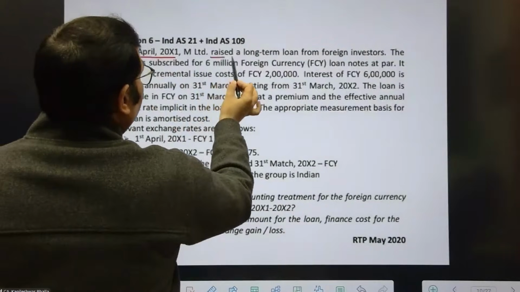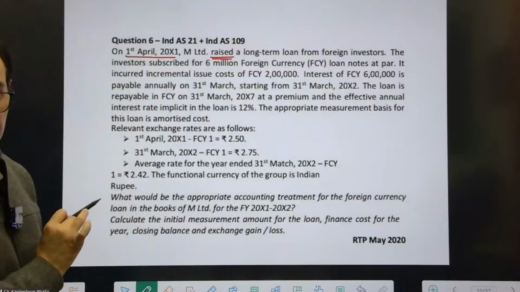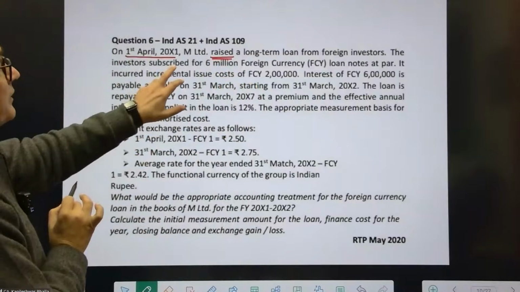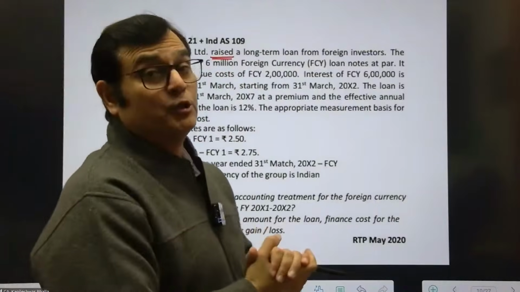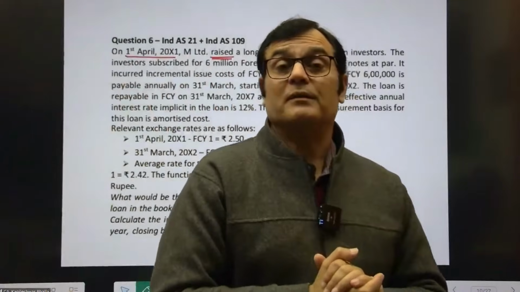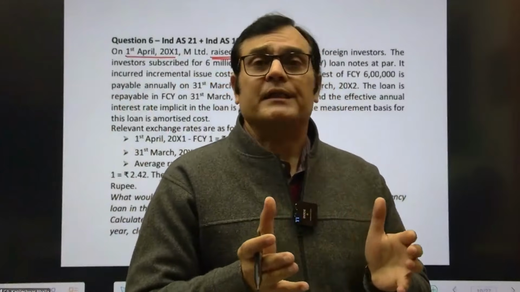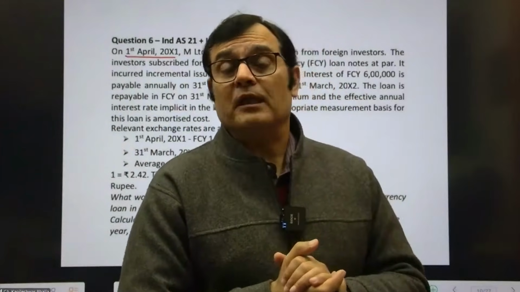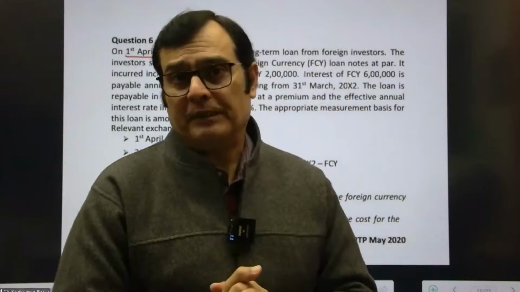Is that a financial liability or is that a financial asset? It raised a long-term loan. So can I say it becomes a financial liability? Though I have not discussed the financial liability, you know that financial liabilities are measured at AC or FVTPL basically, unless it is a case of designated at FVTPL.